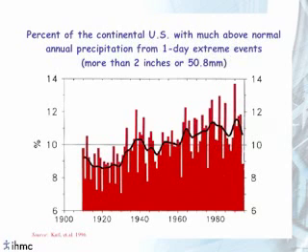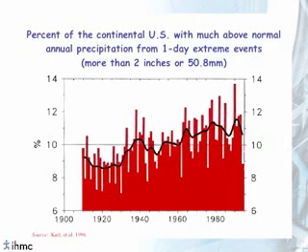Another feature of global warming and climate change is the percentage of rainfall amounts that exceeds essentially 2 inches over a single day. And you can see that this graph goes from 1900 up to the present, and that we're getting more heavy rainfall. And the way that this happens is you warm up the atmosphere.